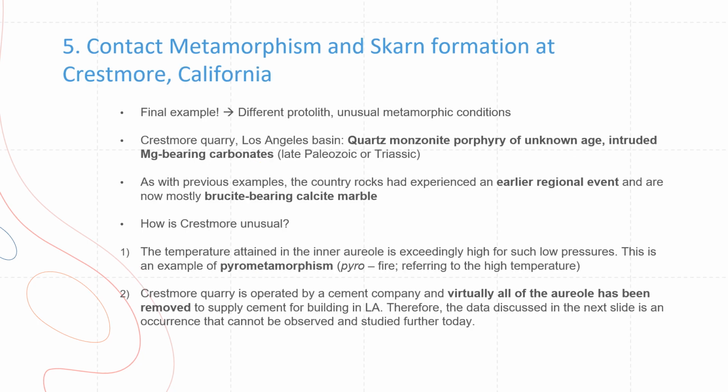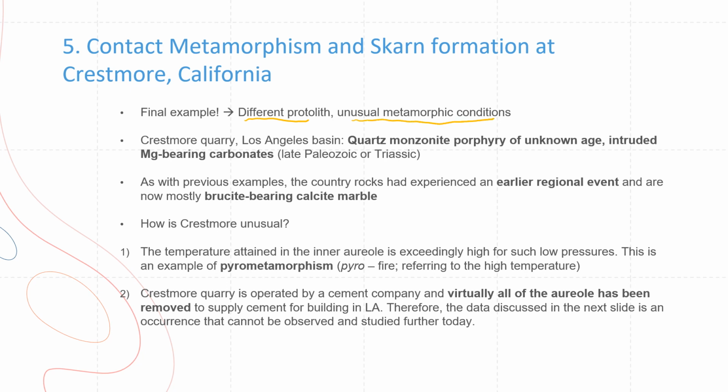We finally made it to our fifth and last example of the day, which is the contact metamorphism and skarn formation at Crestmore, California. And this is our final example because it is pretty interesting. It is a completely different protolith and it has unusual metamorphic conditions.